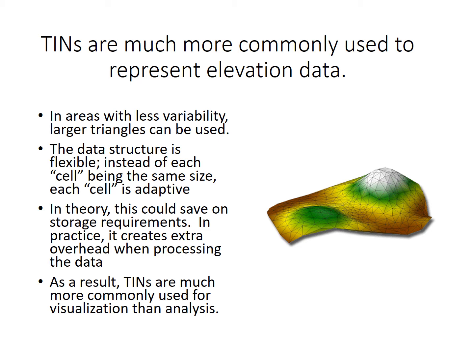They tend not to produce as much storage savings as you would think. As a result, tins are not used all that often for analysis, although there are some definite exceptions to that. But they are frequently used for visualization. It does fit in very well with how other computer graphics are rendered, and so tins find their way into GIS and other communities that way.